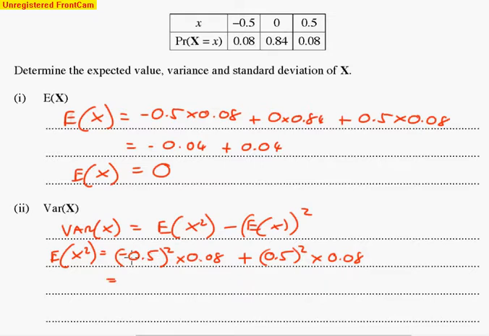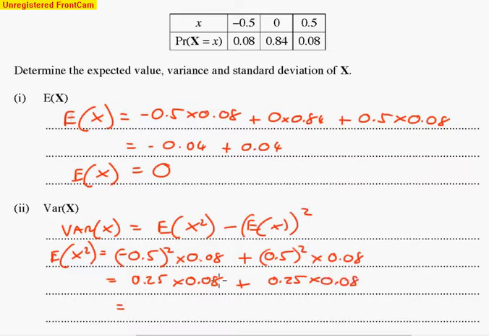When a negative gets squared, it turns into a positive, and a half squared is a quarter, because 0.5 is a half, or you could do 0.5 times 0.5 gives you 0.25 times 0.08, plus the same again, 0.25 times 0.08.